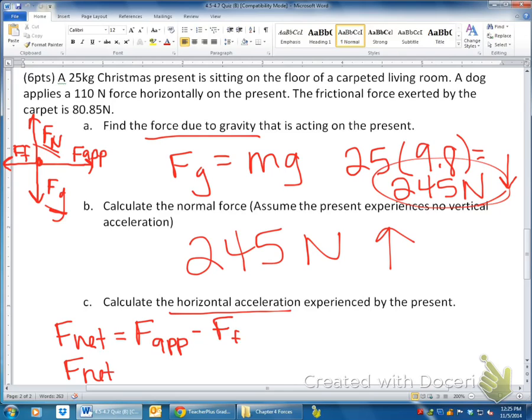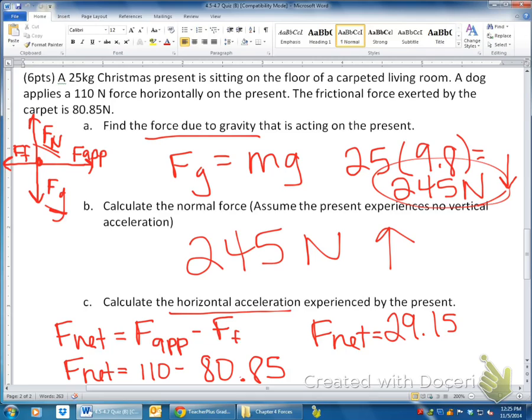So the net force equals 110 minus 80.85. So that makes our net force equal what? 29.15.